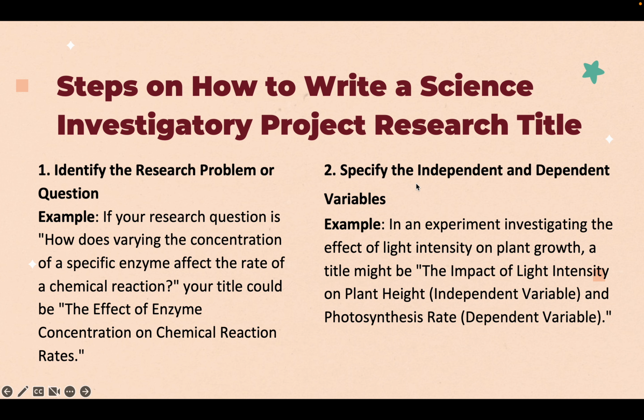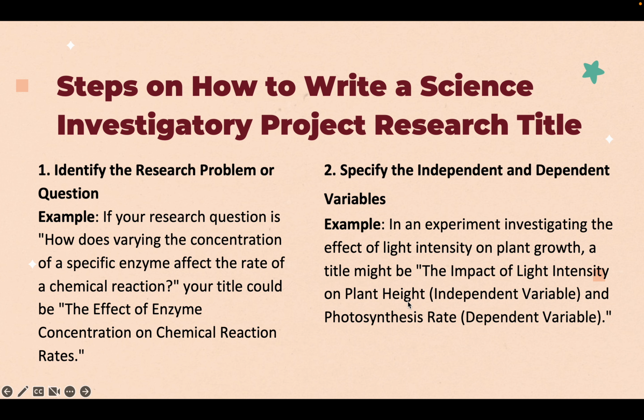identify the independent and dependent variables. Example, in an experiment investigating the effect of light intensity on plant growth, a title might be the impact of light intensity on plant height.